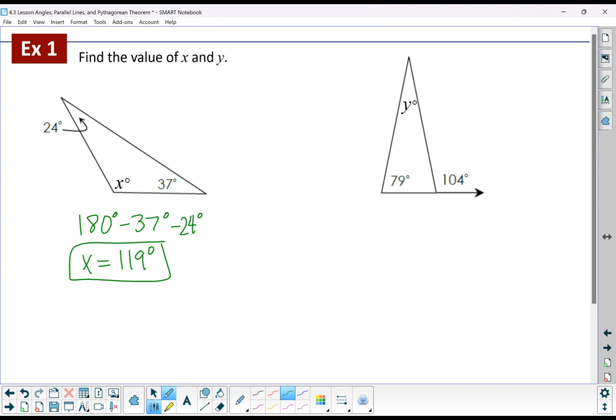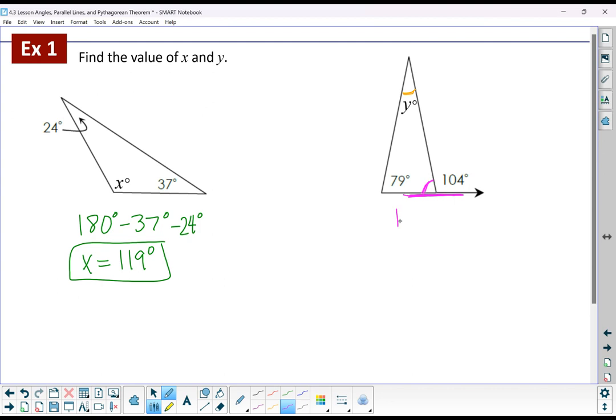For this diagram, we're going to have to do it in a couple of parts. So we're looking for angle y up at the top, but we only have one other angle inside the triangle, which is 79 degrees. We do have this straight angle right here, 104 on one side. We can use the 104 to calculate this angle.